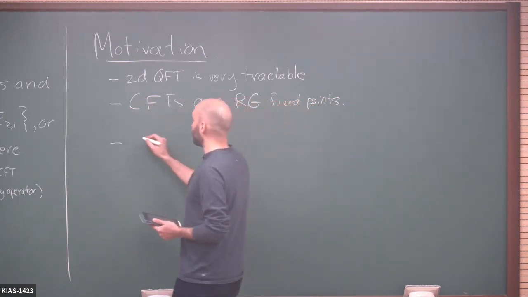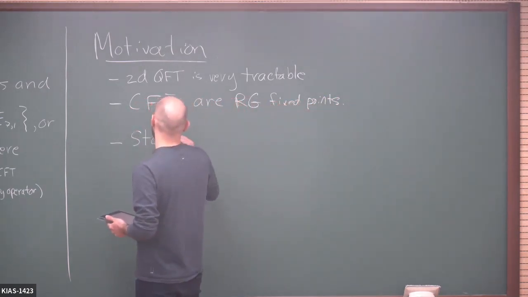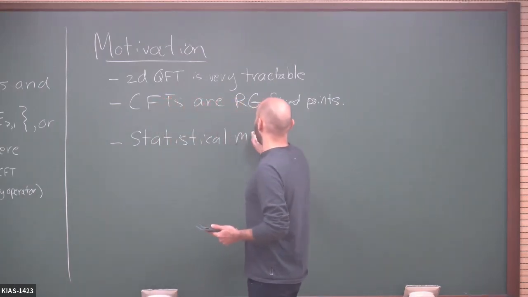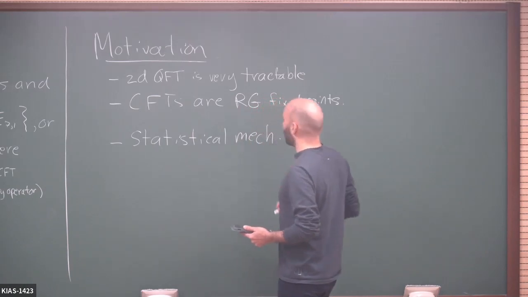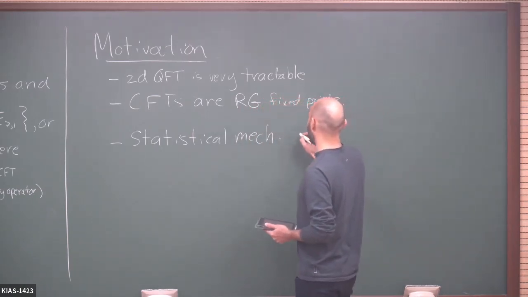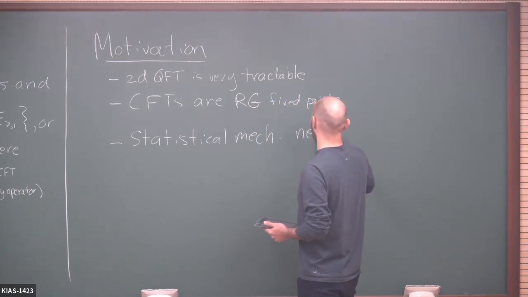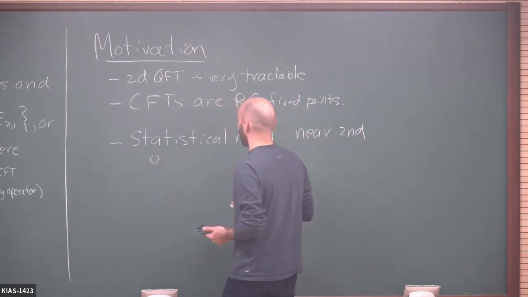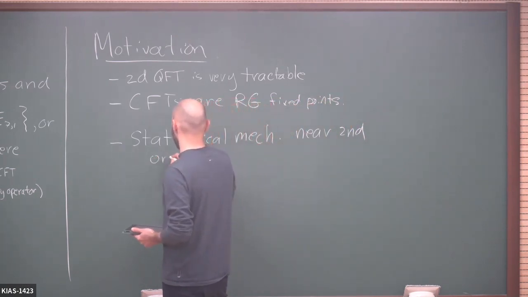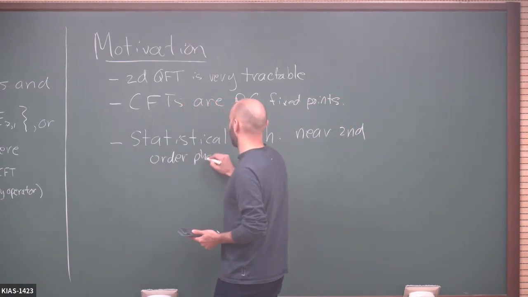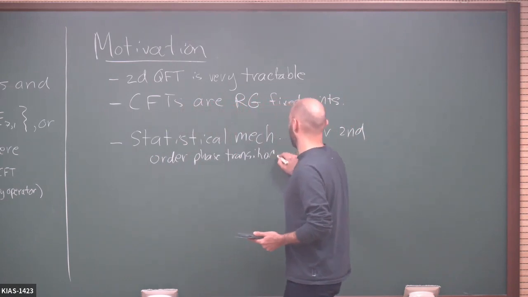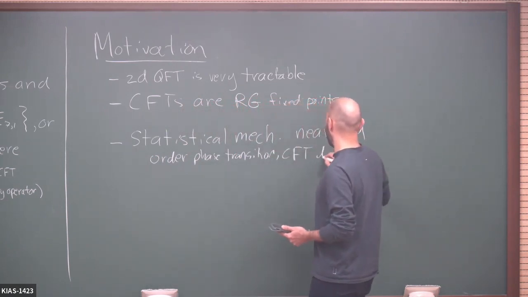Another motivation comes from statistical mechanics. Where due to universality, systems near their phase transition points are described in the continuum by conformal field theory. So at their second order phase transition, there's a CFT description.